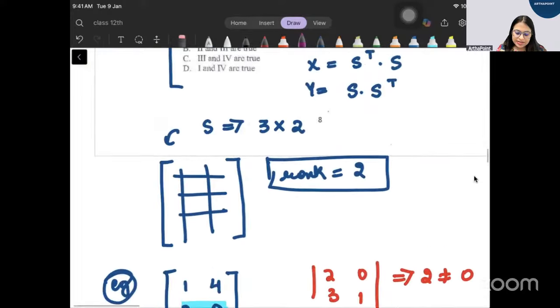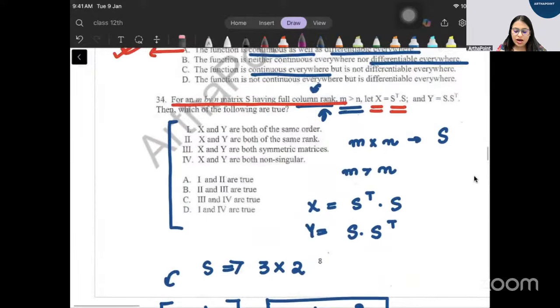So अगर मैं इस statement पे जाऊं that both are going to have the same rank, this is a correct statement. This is a true statement. Right? Both will have same order. This is a false statement क्योंकि एक का 2 cross 2 बनेगा, एक का 3 cross 3 in our example.